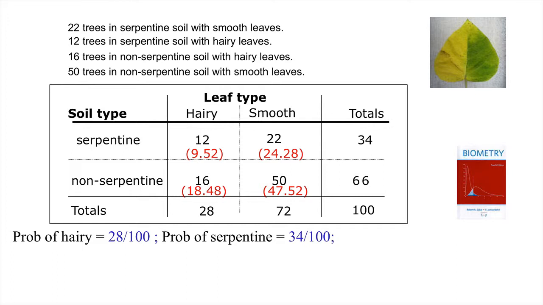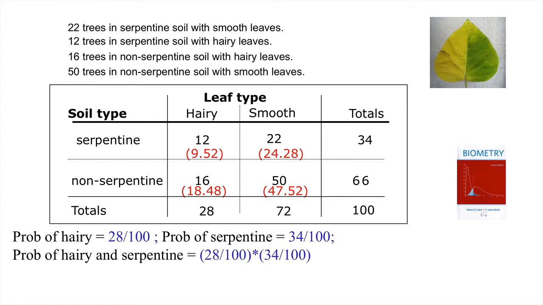The probability of being a hairy leaf tree is 28 upon 100 because it's that column total divided by the overall total. The probability of the tree being in serpentine soils, in this case, is 34 divided by 100 because here there are 34 trees in the mineral-rich soils.